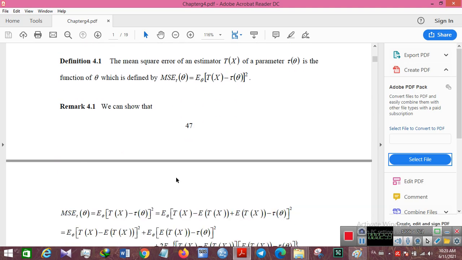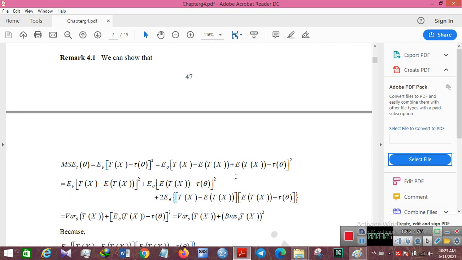But if you look at the definition of the mean square error, you can write it as done here. You can add and subtract the expectation of T(X), and we find the square of part 1, plus the square of part 2, plus 2 times the product of the 2 parts.